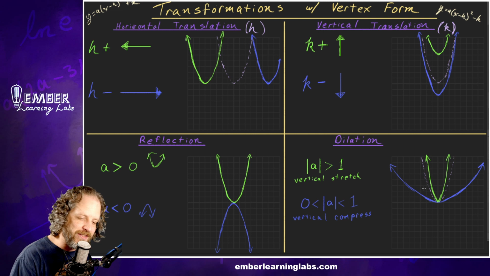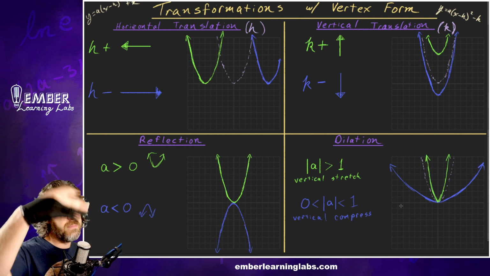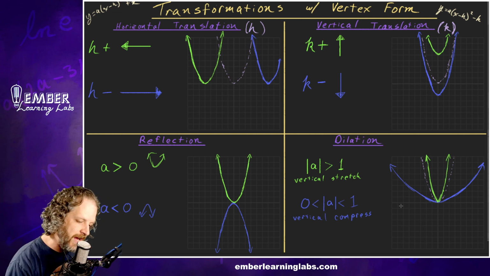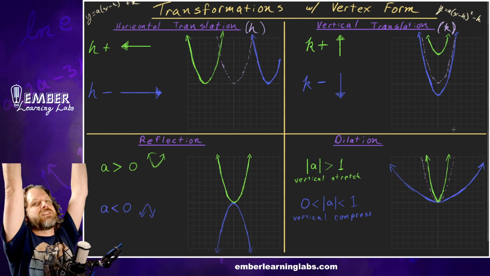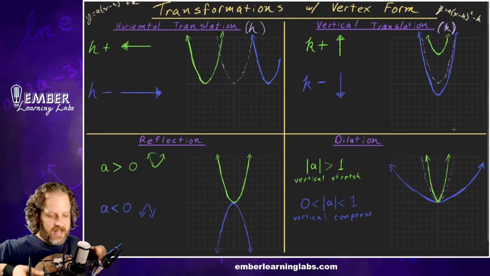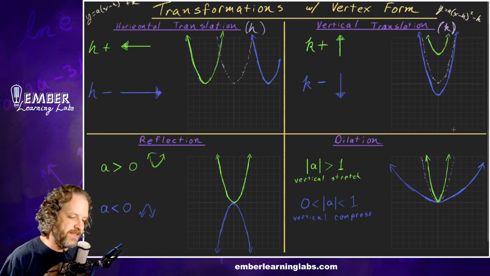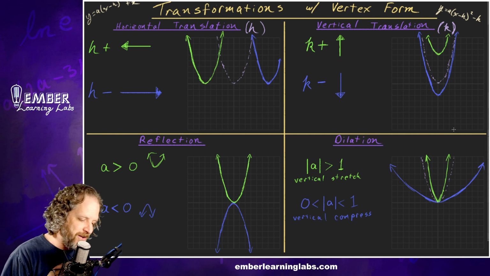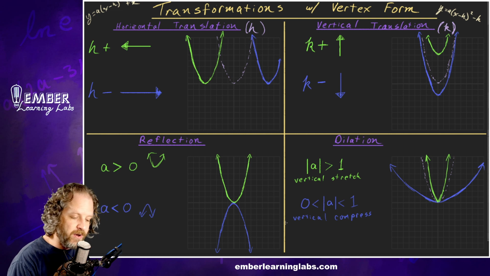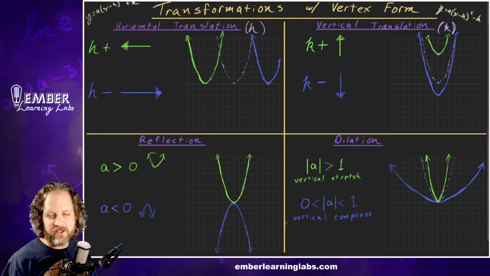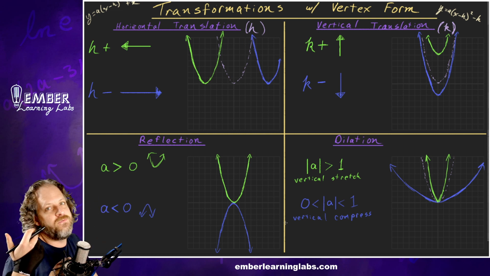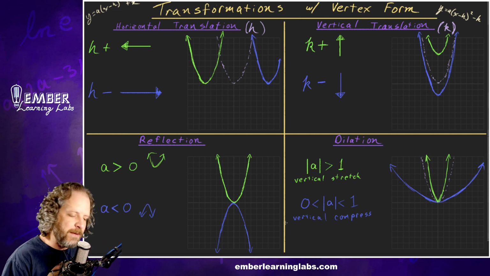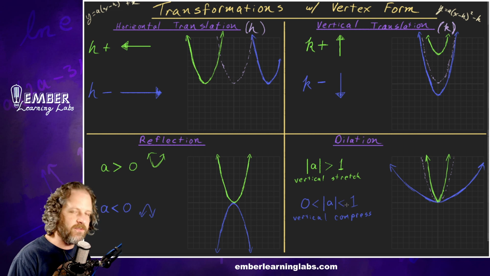If a is greater than 1, so 2, 3, anything bigger than 1, 1.2, it stretches vertically. It gets more stretched to the sky, or if it's negative, then it's going to get more stretched down. If it's between 0 and 1, so it's a fraction, like 1/2, 2/3, or -5/6, something between 0 and 1, then it vertically compresses.